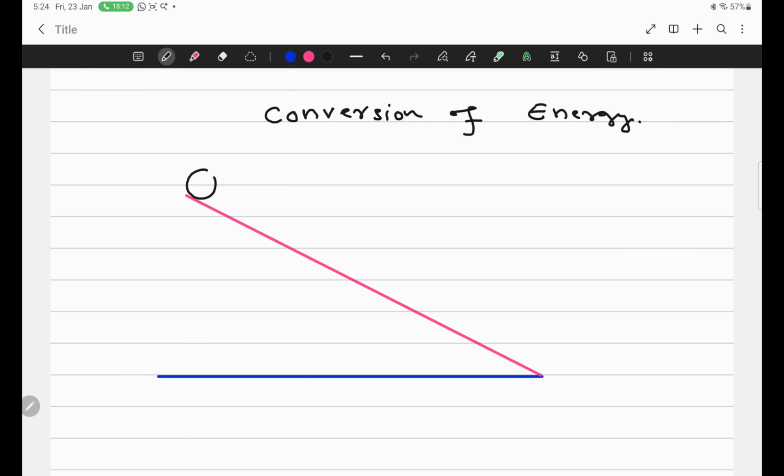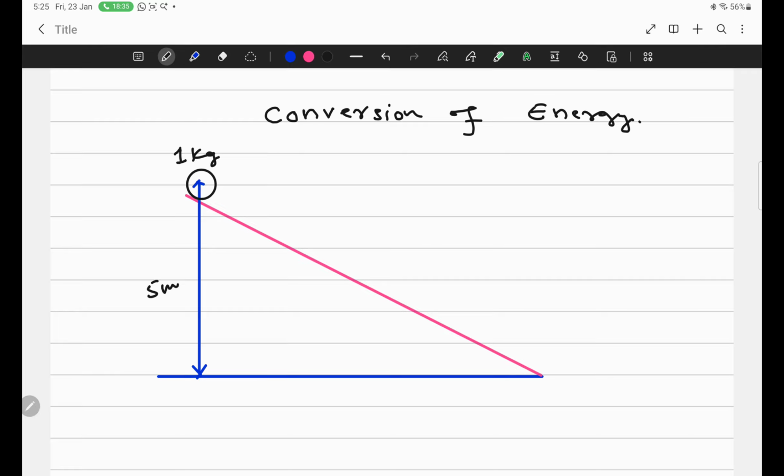Consider an object is placed on the top of the ramp. At the top of the ramp, consider the height of the object is 5 meter. Consider the mass of the object is 1 kg.